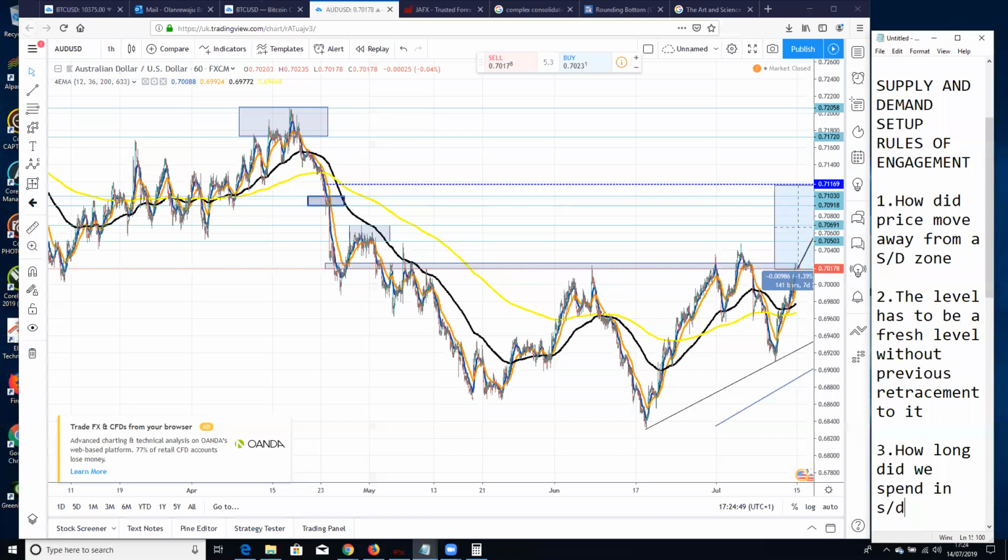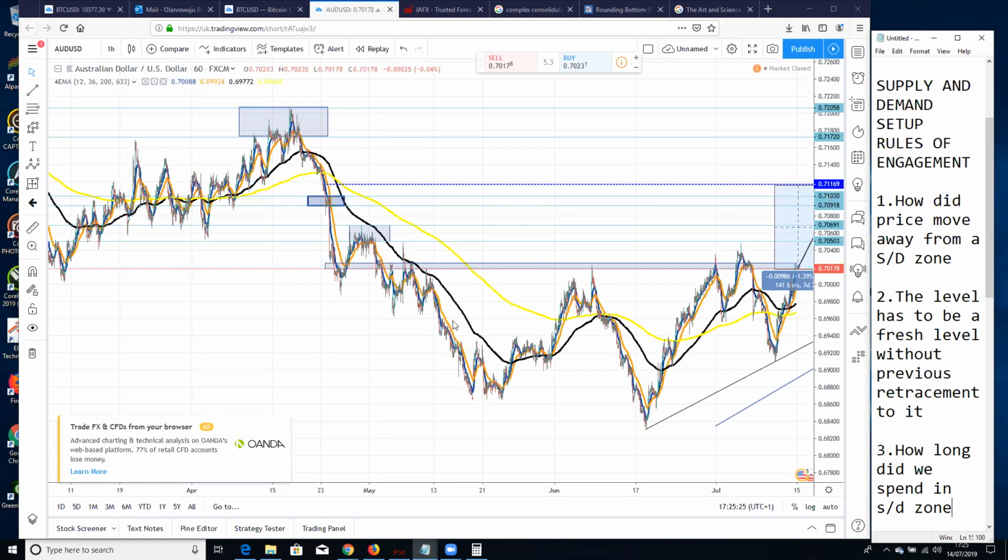Right. So that's number 3, and that we're going to investigate now. This is going to be our checklist for finding our trade setup going forward. So your execution is between 0.7091 and 0.7103.